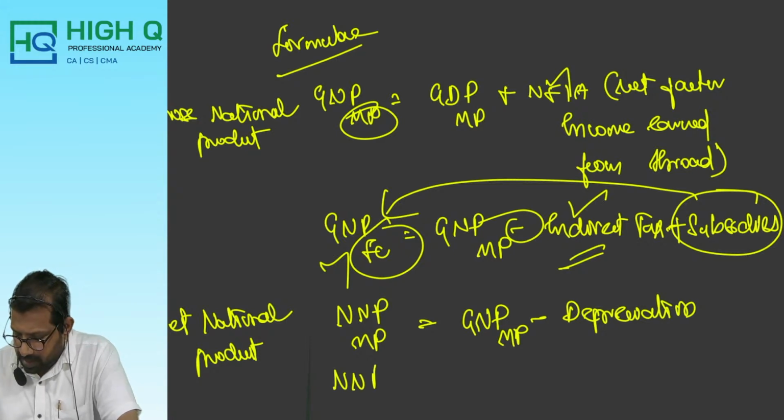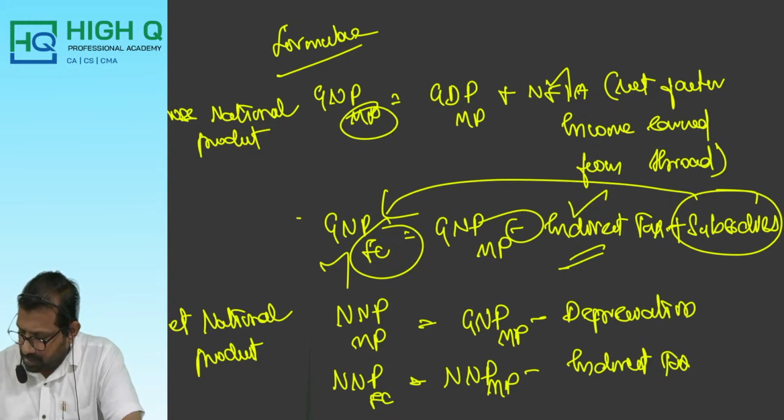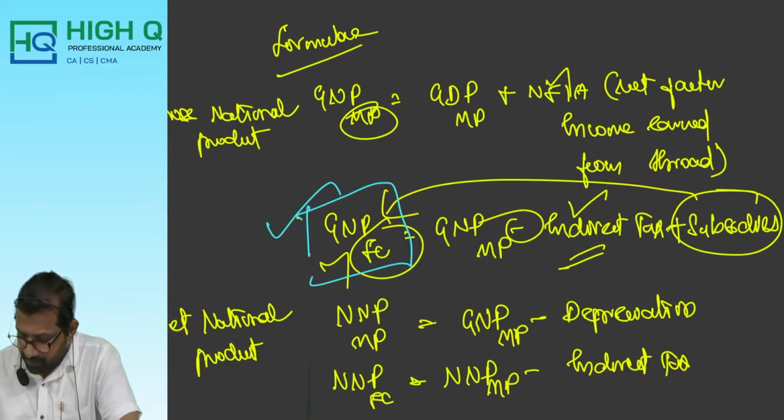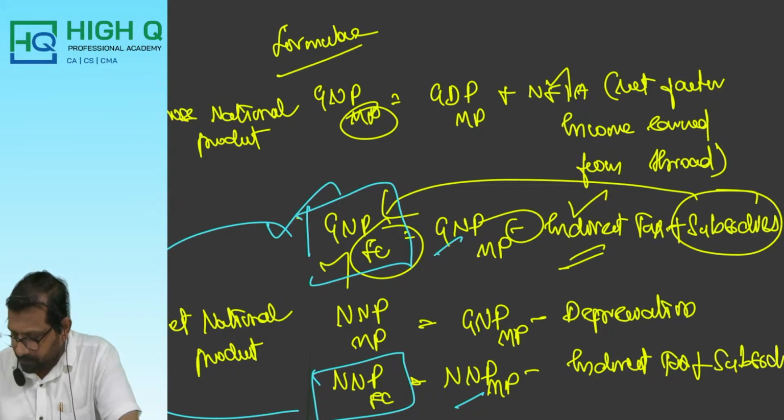Then NNP at factor cost equals NNP at market price minus indirect tax plus subsidies. Here we are discussing gross national product at factor cost; just the opposite, net national product at factor cost. Here GNP market price, NNP market price, but the concept is the same: minus indirect tax plus subsidies.